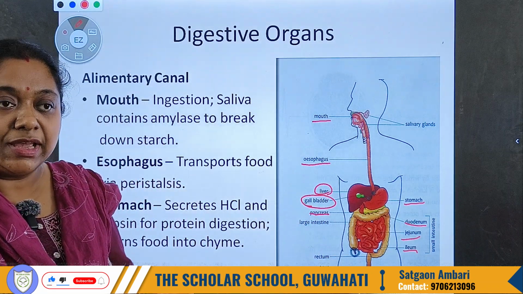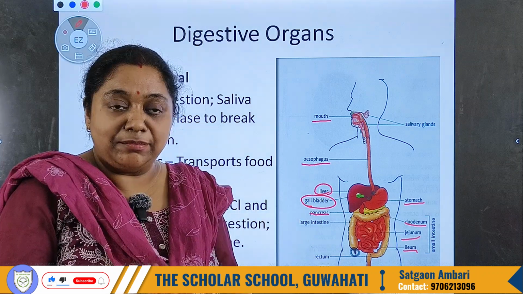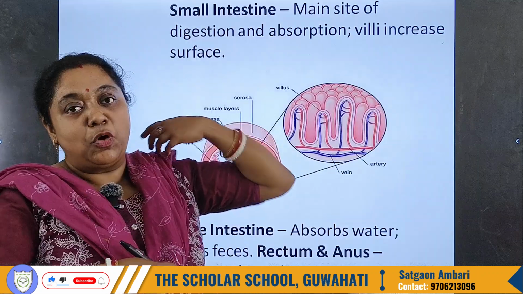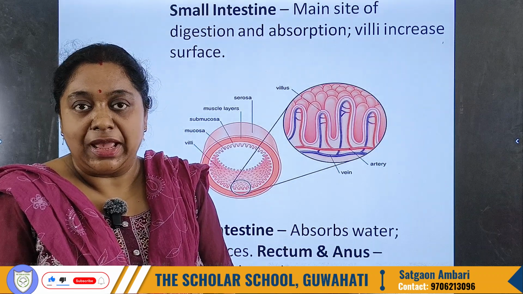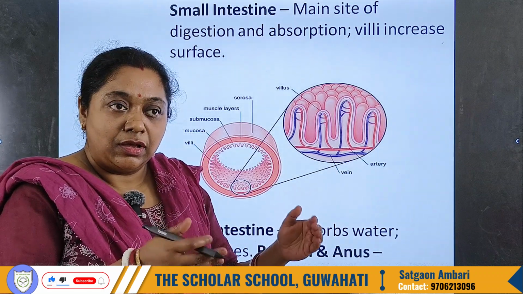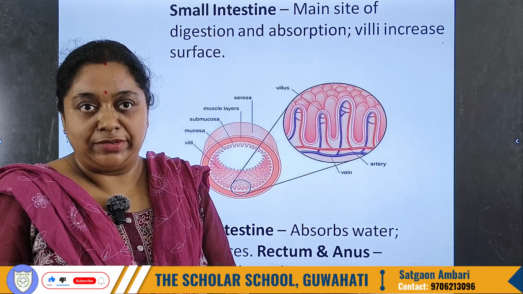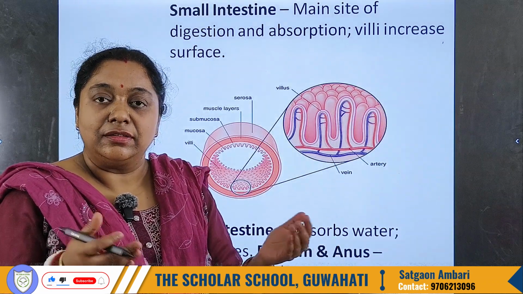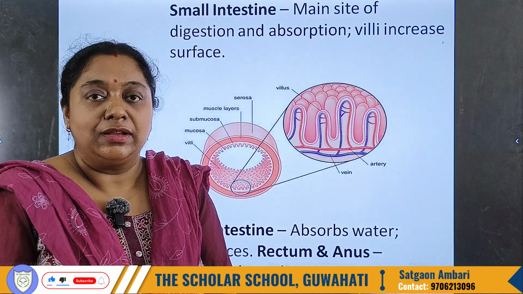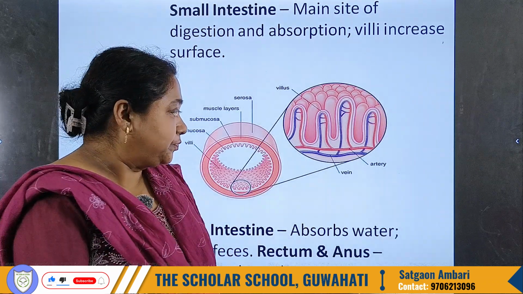These enzymes can digest the food and make it into its simple form. The small intestine is the site for complete digestion, and thus we get glucose from carbohydrate, amino acids from protein, and from the fats we get glycerol and fatty acids.